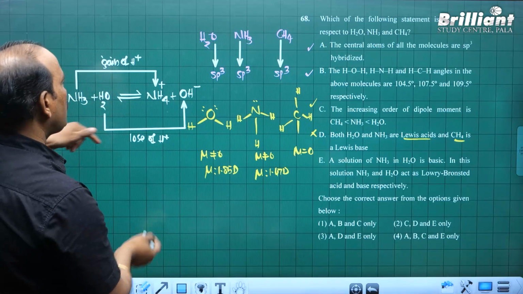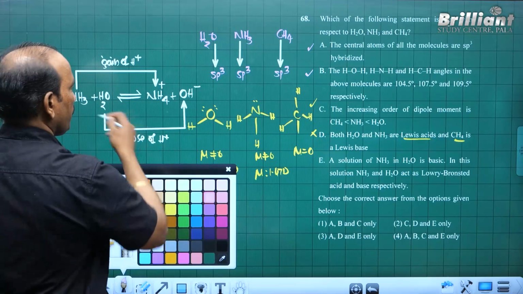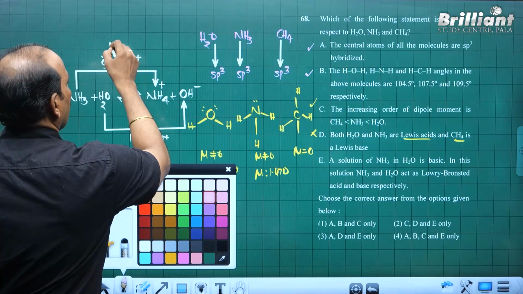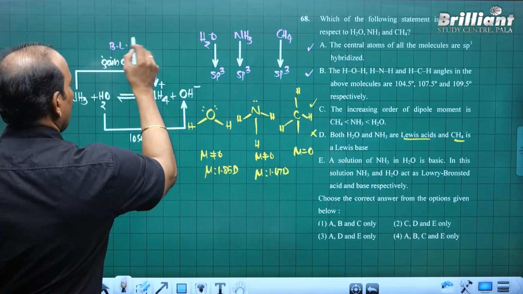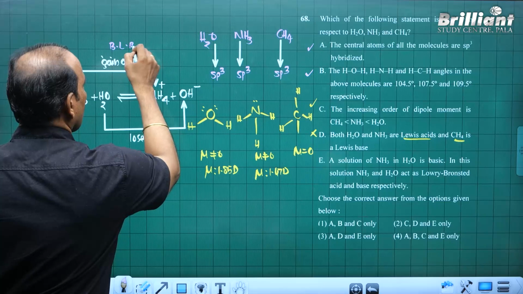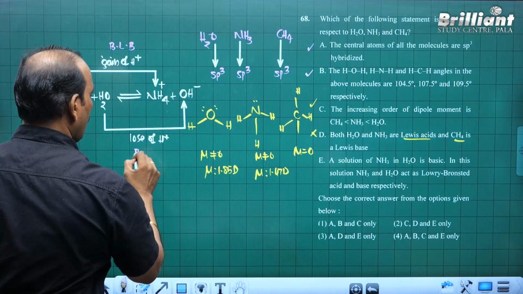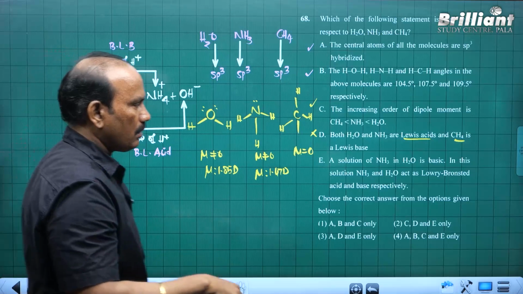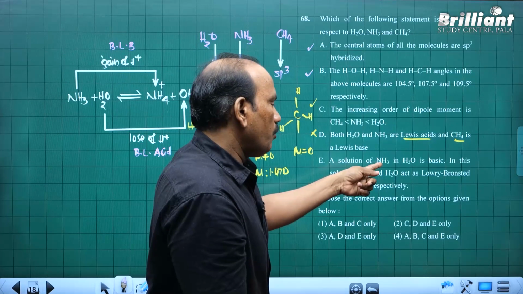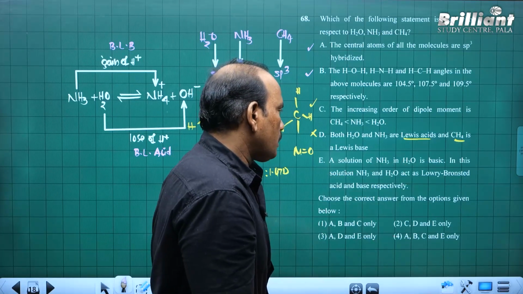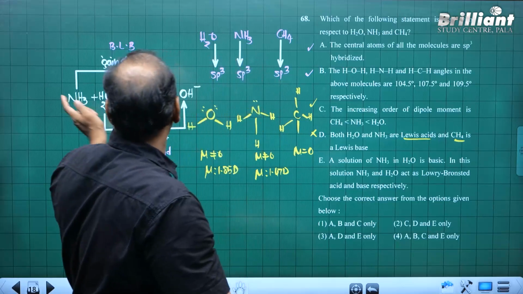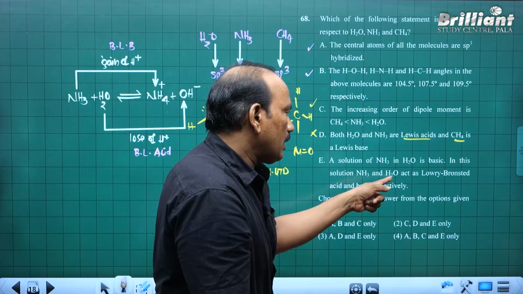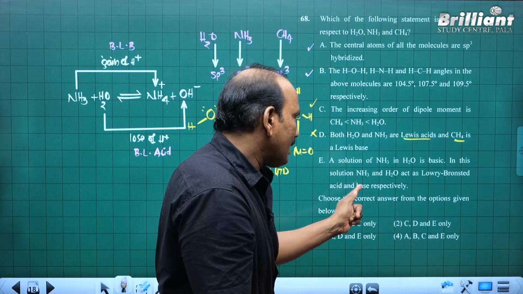That's why this is a Bronsted-Lowry proton acceptor, this is the base. This is the Bronsted-Lowry acid. And what is given here? A solution of ammonia in water is a base. In this, okay? Ammonia and water act as Bronsted acid and base.